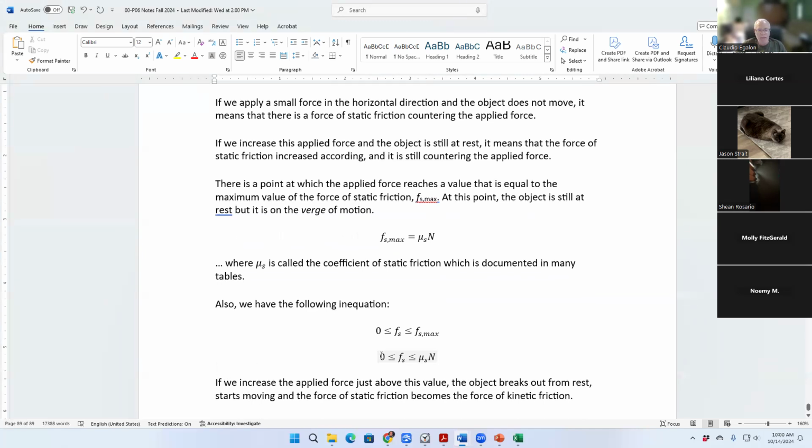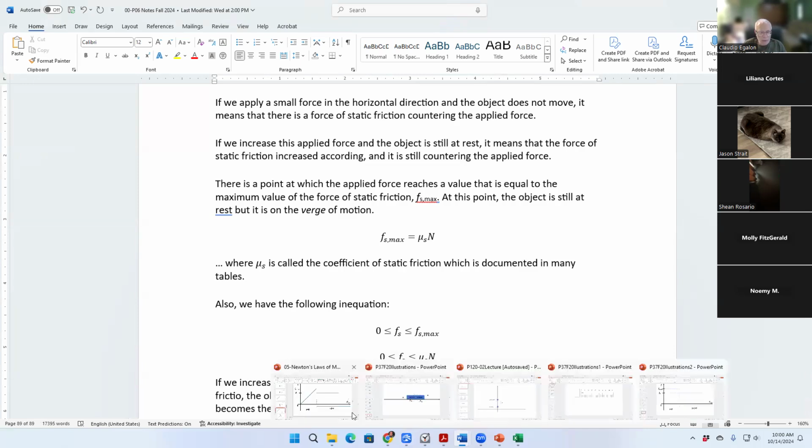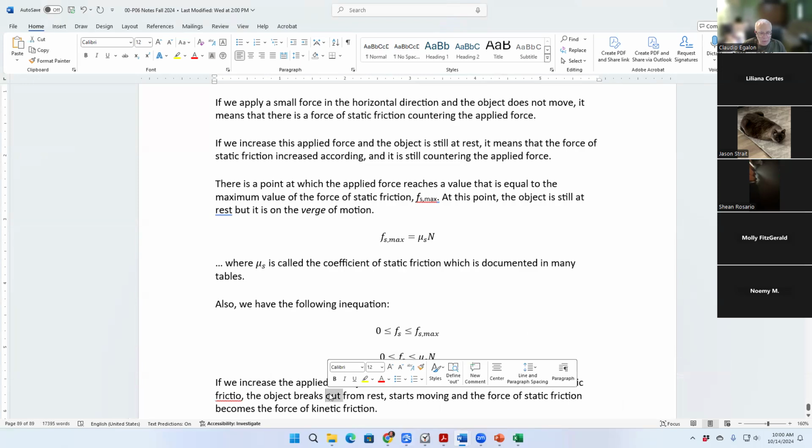Now, if we increase the applied force just above the maximum value of the force of static friction, the object breaks free from rest.